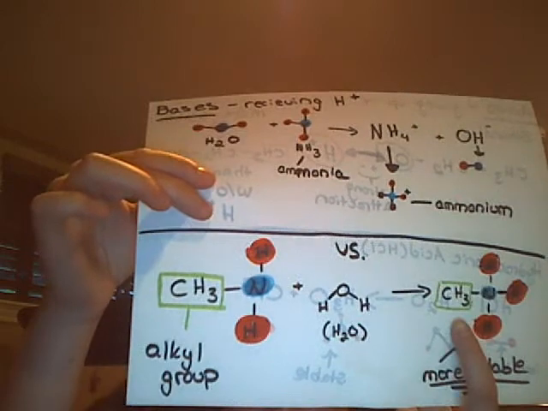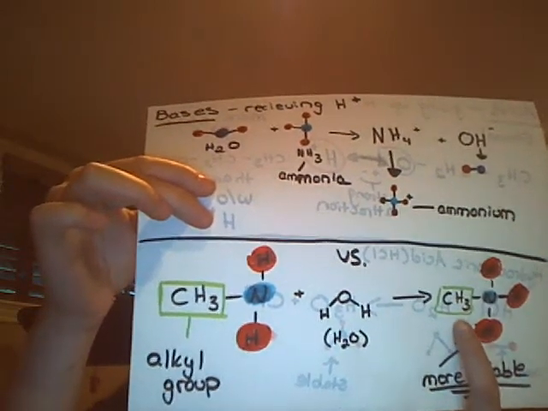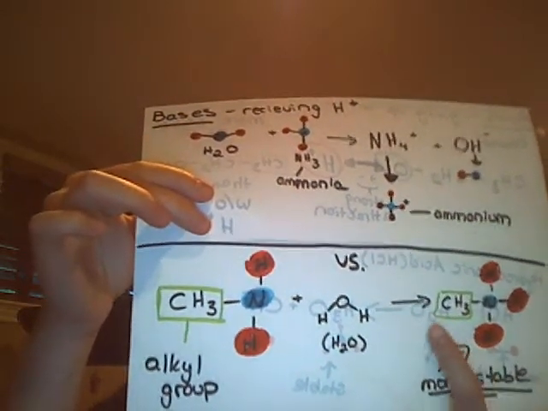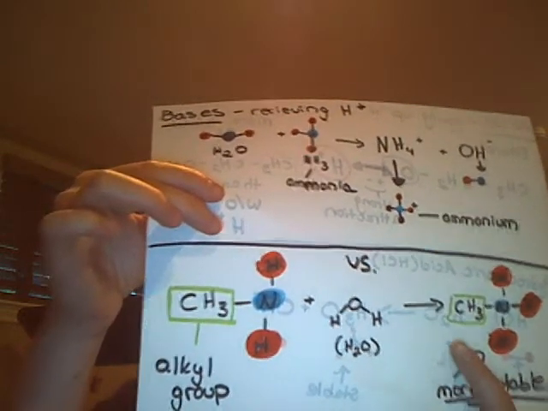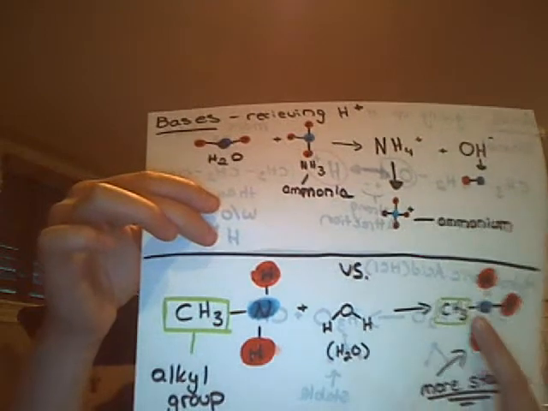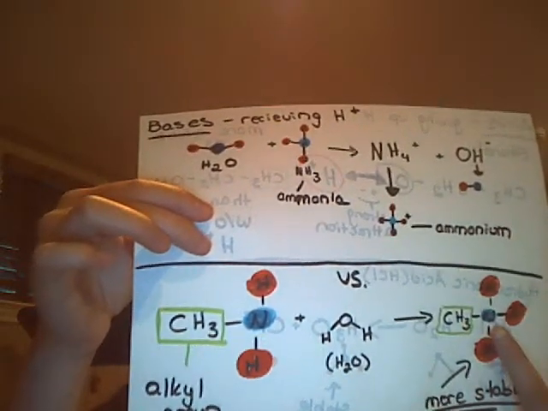See, what happens is the alkyl group, it pushes all the electrons here. It pushes them apart, and it causes their charges to be more centered around the nitrogen.